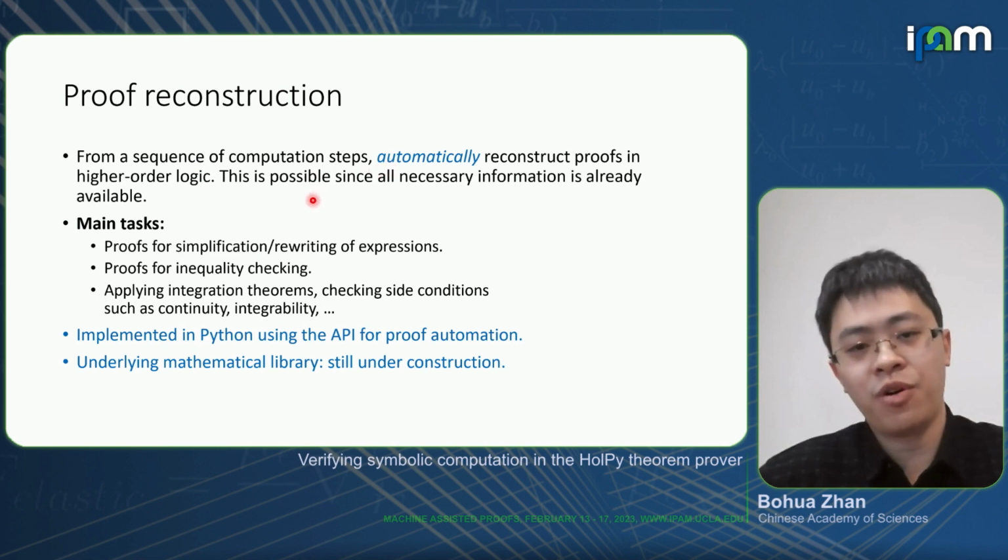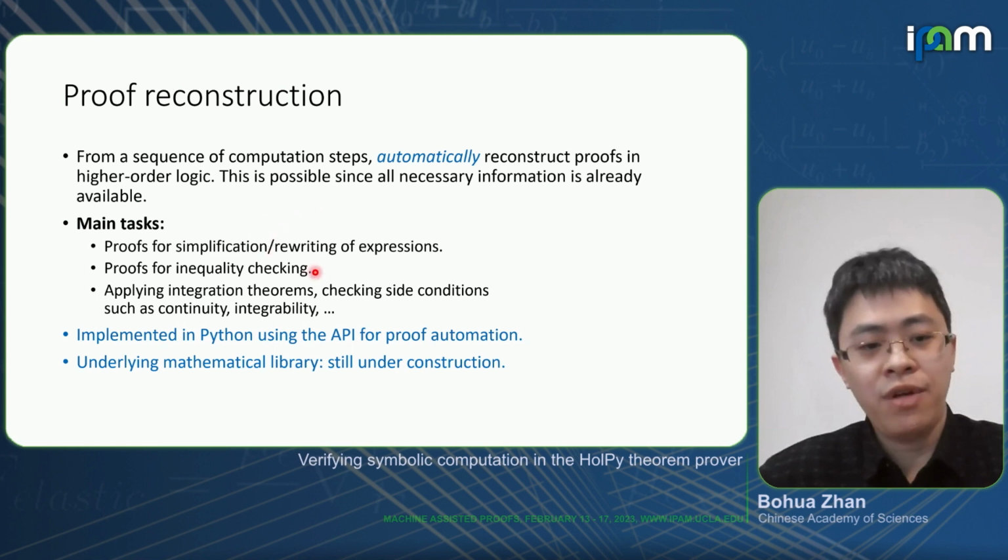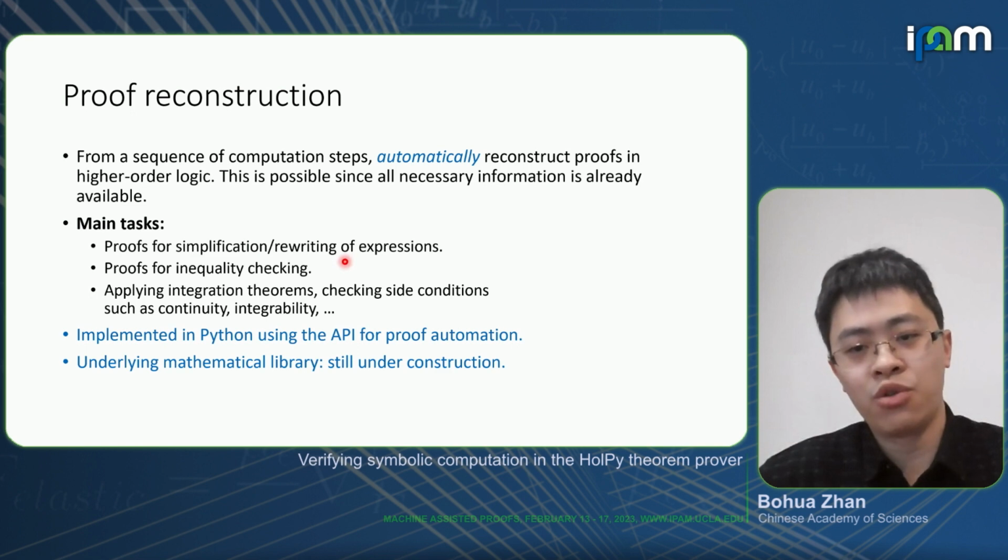And this is possible because from the tool, we can obtain all the necessary information from this sequence of computation steps. Given a computation, the main tasks that we still need to do in order to reconstruct proofs include the following.